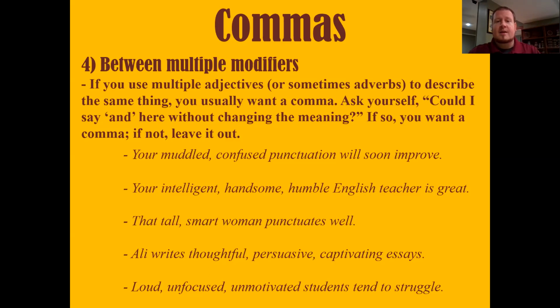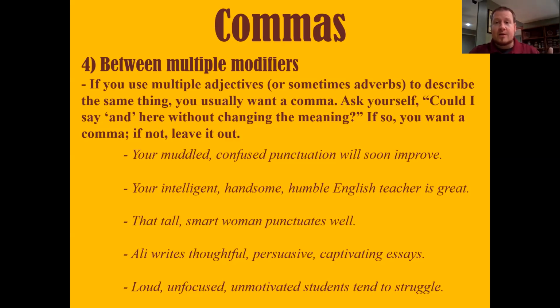Your intelligent and handsome and humble and English teacher is great. That changes the function of the word English. That would mean that I, or your English teacher, it would mean that we're British. But that's not what you're trying to say. You're trying to say that the person who's teaching your English class happens to be intelligent, handsome, and humble. So the adjective English is actually doing a different job than the other adjectives.